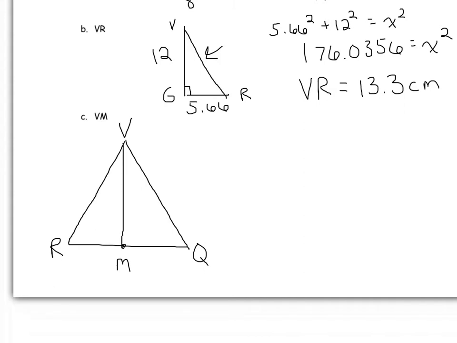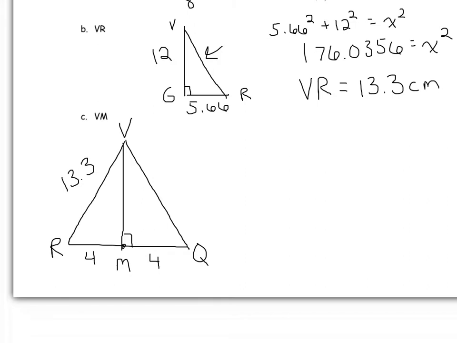And we're trying to find that distance VM. Well, that's also an altitude, so it meets at a right angle. If M is the midpoint of RQ, that's going to be 4 here. Do we know any other sides? Well, we know VR, don't we? We just found it.